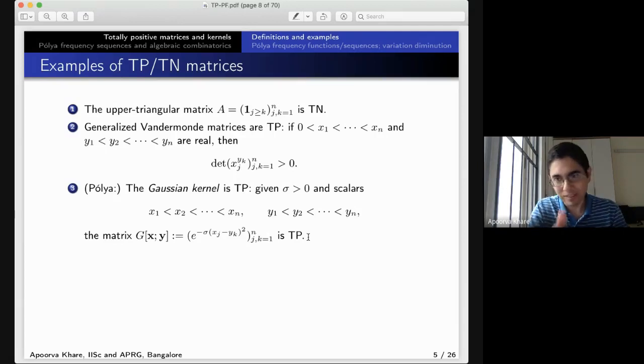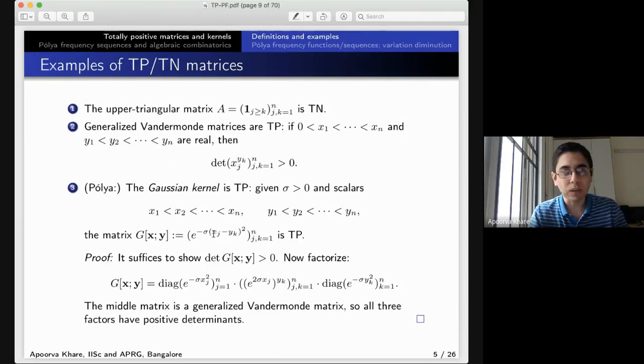And I'll very quickly tell the proof. I did it last time, so I'll try not to repeat. First of all, you want to prove that any submatrix of this has positive determinant. But every submatrix of such a matrix has exactly the same form, so it suffices to show that the determinant is positive for every such matrix.